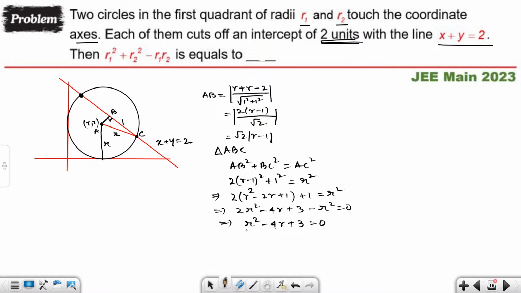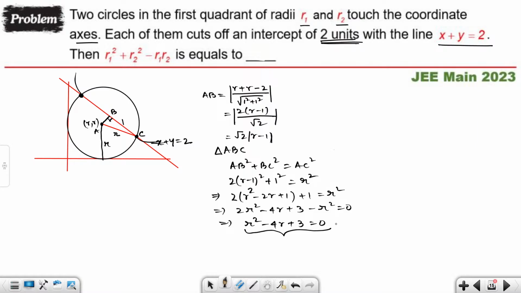You can see it from this quadratic equation. As this is a quadratic equation in r, you are definitely going to have two values of r. That is, you are getting two such circles. Is it clear? One on this side, and another one on the other side. I cannot draw it right now because there is a limitation of space.